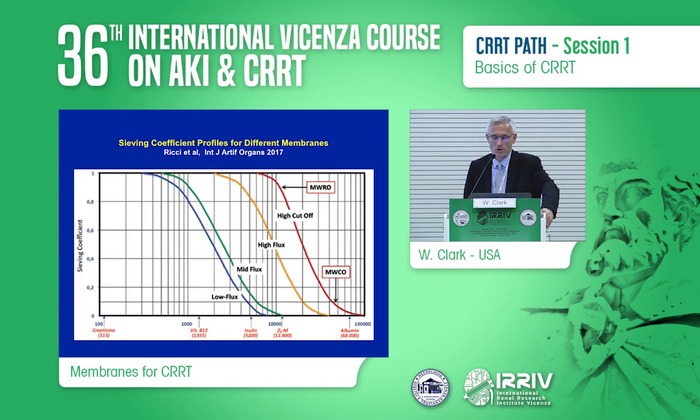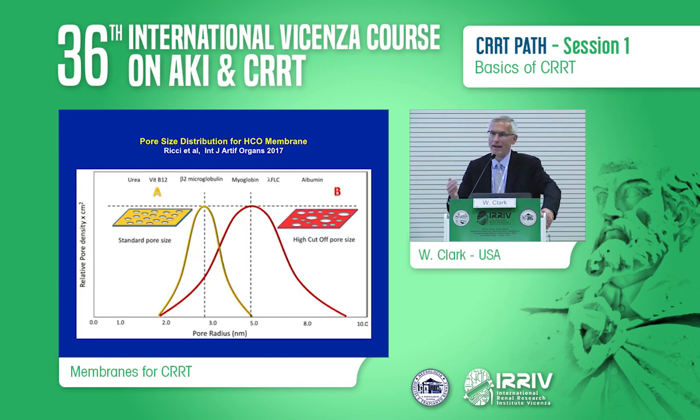I think Dr. Ronco showed this slide, again, capturing some of these concepts, where the sieving profiles, particularly of these newer membranes, high cutoff or super high flux membranes, are just kind of dancing around the molecular weight of albumin, depending on protein absorption and secondary membrane phenomena. That really dictates to what extent albumin is going to be removed.